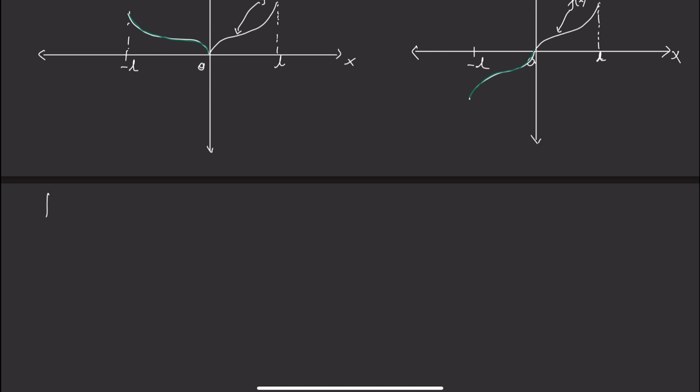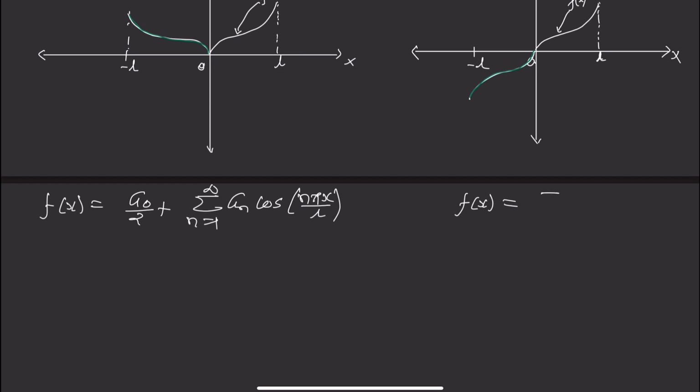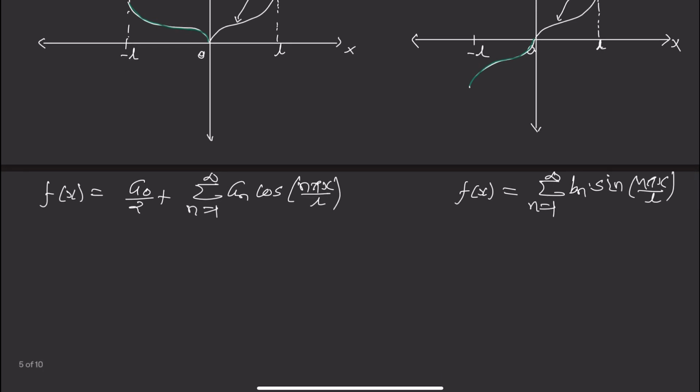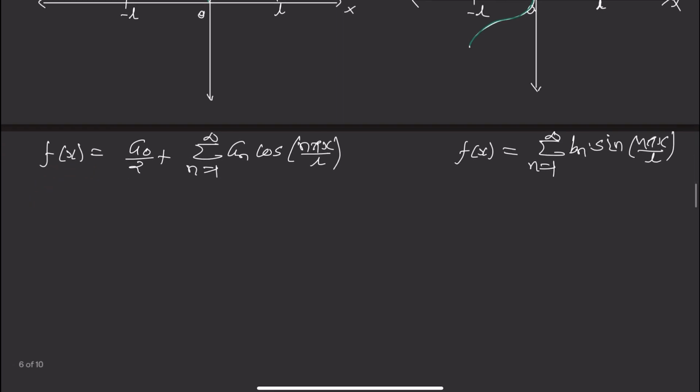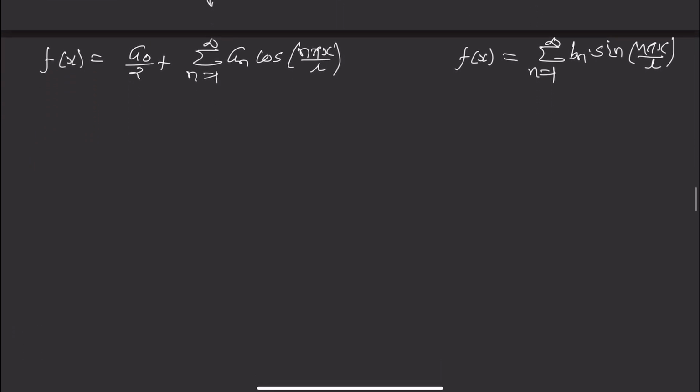F of x is equal to a0 by 2 plus summation n is 1 to infinity an cos n pi x upon L. And in this case, f of x is equal to summation n is 1 to infinity bn sine n pi x upon L, because this is the case for odd function and this is the case for even function, where what is our a0?